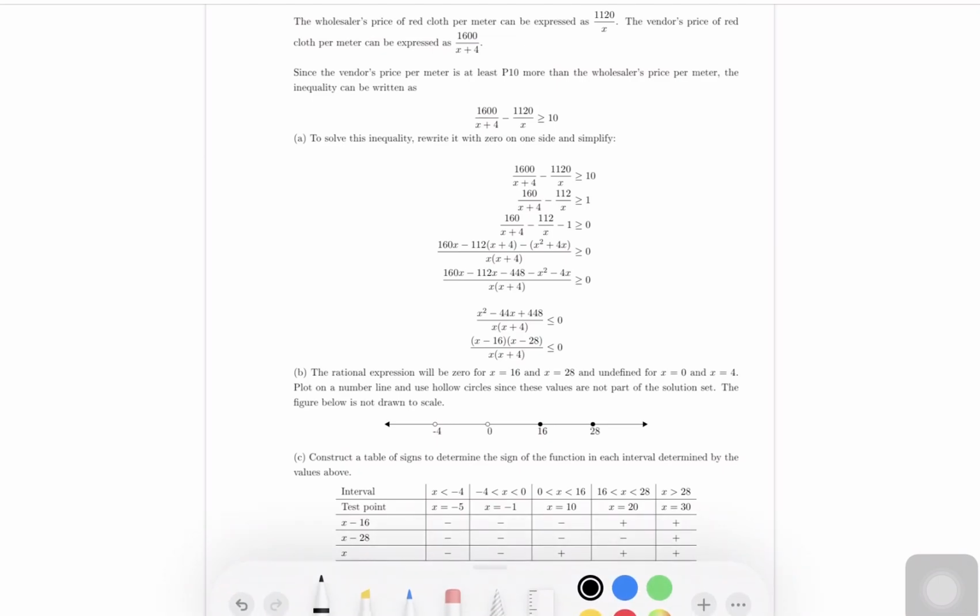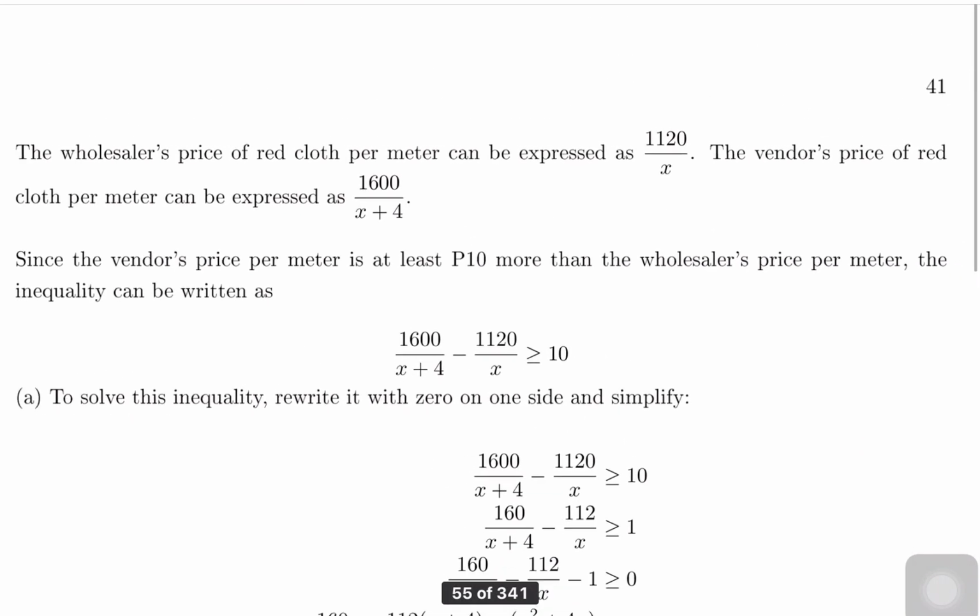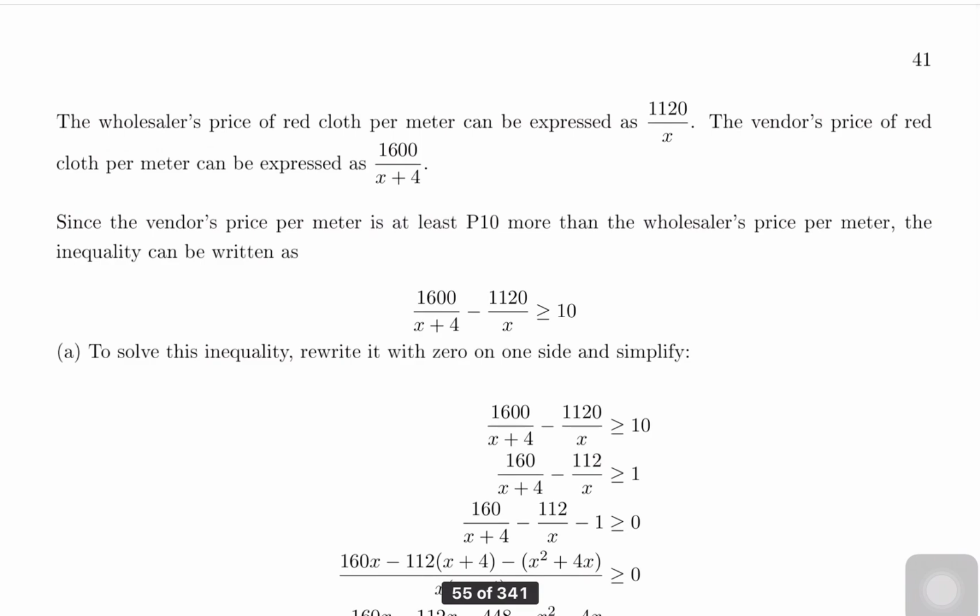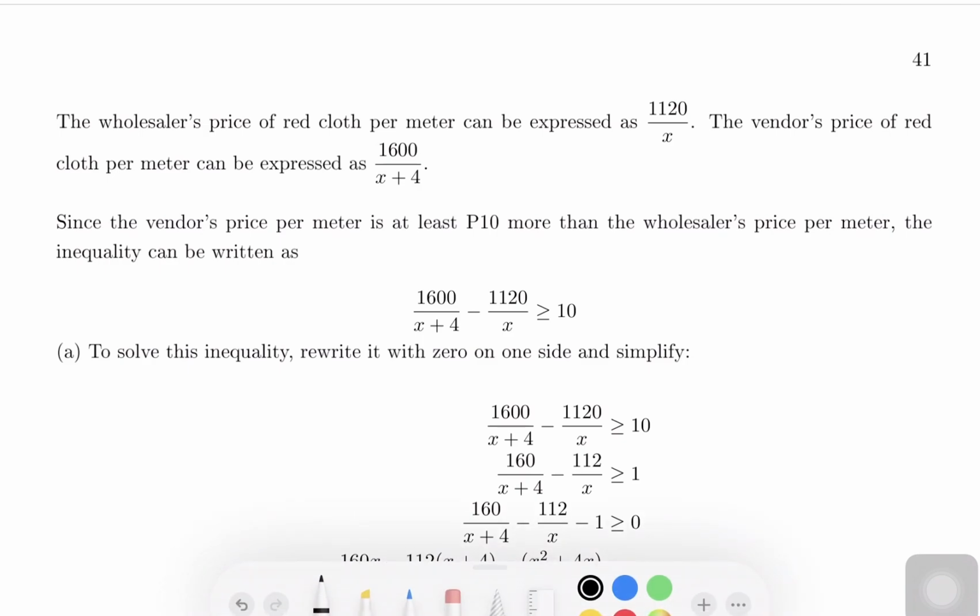So the wholesaler's price of red cloth per meter is of course 1,120 divided by x, since the additional cloth was bought from the wholesaler. When he went back to the dressmaker, he gave the cloth plus the additional 4, so that is why we have x plus 4.